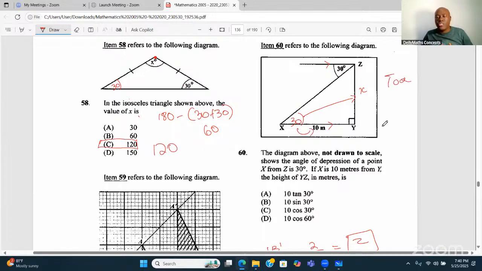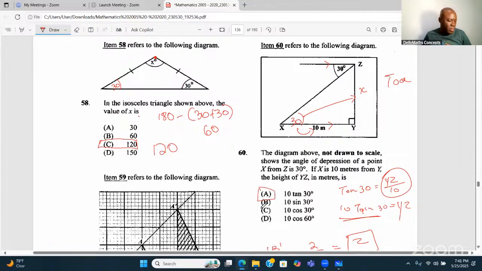So tangent of that 30 degrees is equal to the opposite side, which I'm going to put as YZ over 10. So if you multiply both sides by 10, you're going to get 10 tan 30. The answer is A. So number 60 is A.